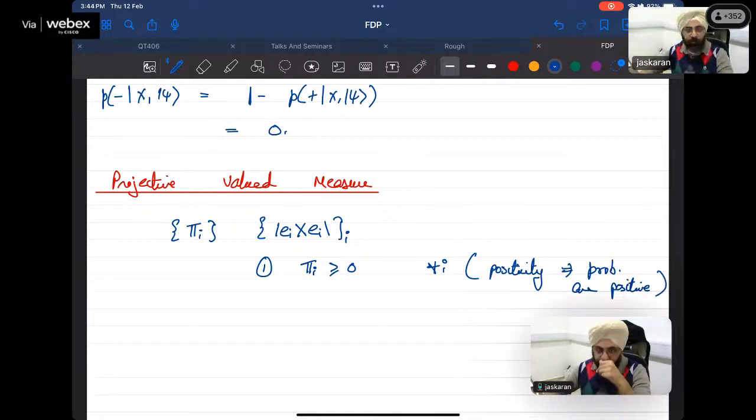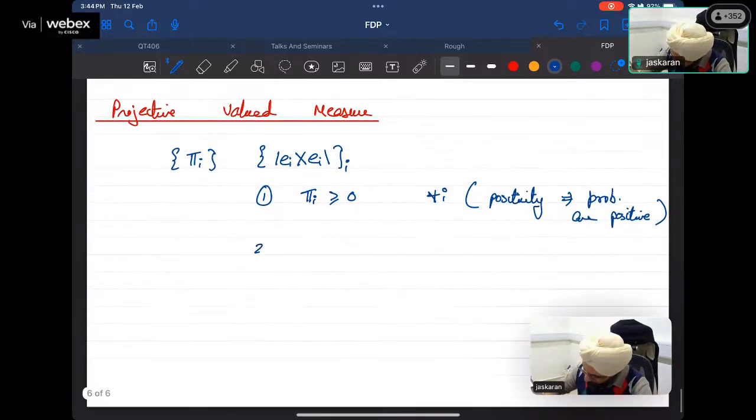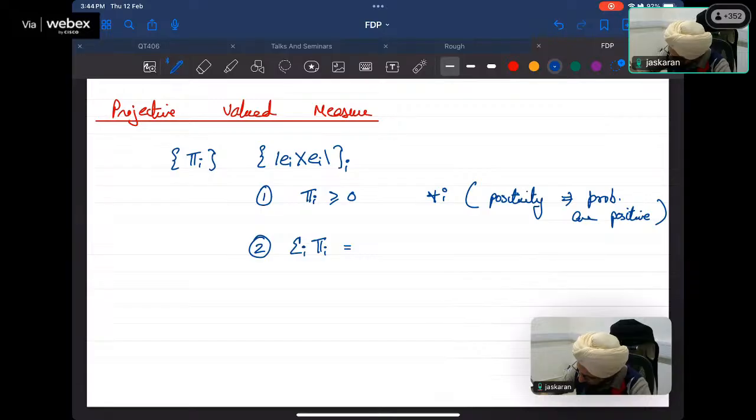If the projectors are not positive, then the probabilities I would be getting are not guaranteed to be positive at all. Secondly, I require that the sum over all the projectors should sum to the identity matrix. What this means is that the probabilities should sum to 1.